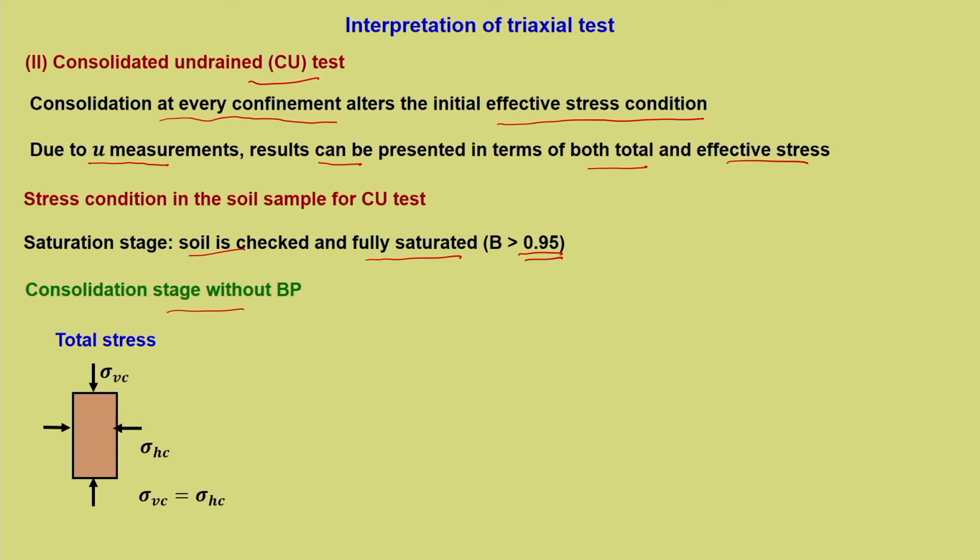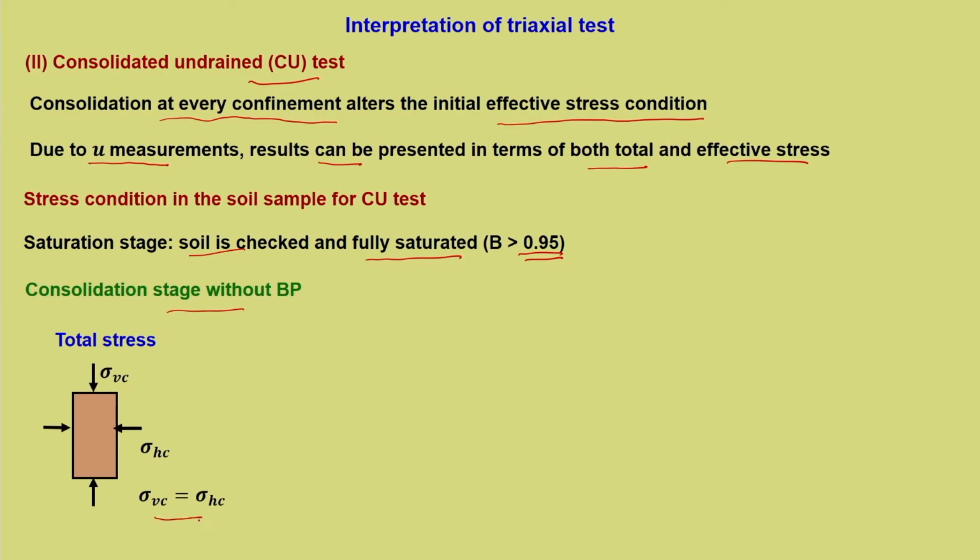In general conventional triaxial testing we always opt for isotropic consolidation, because this is simpler and easy to understand. Anisotropic consolidation would also induce some sort of shearing, because there is a difference in stress. So here we are talking about a condition where sigma Vc equals sigma Hc, which is an isotropic consolidation.